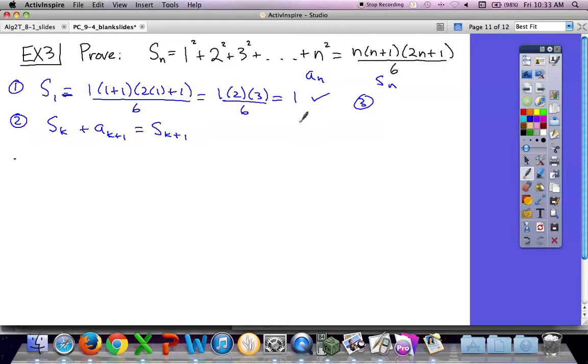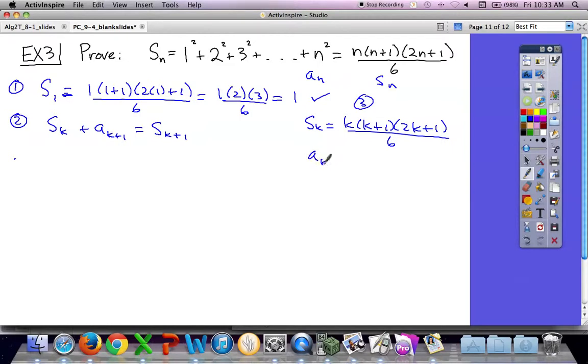So in this case, what is sk? If this is Sn, then put a k here. So that'll be k times k plus 1 times 2k plus 1 over 6. Next we need ak plus 1.